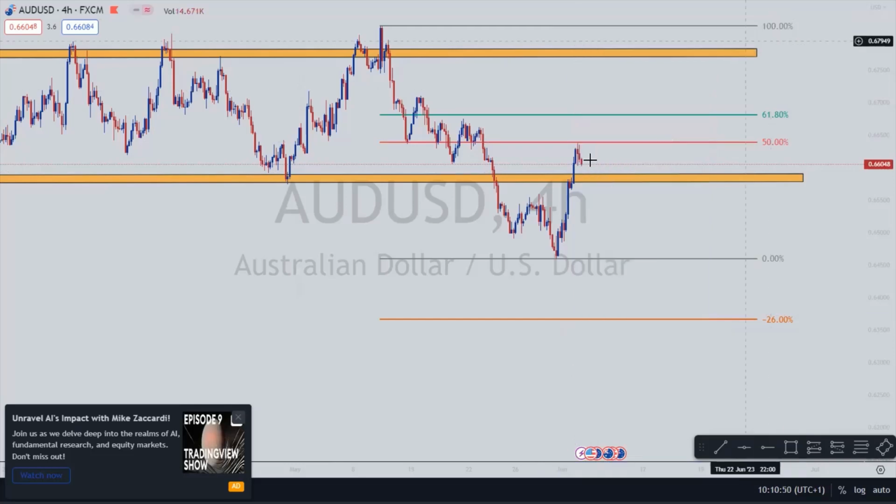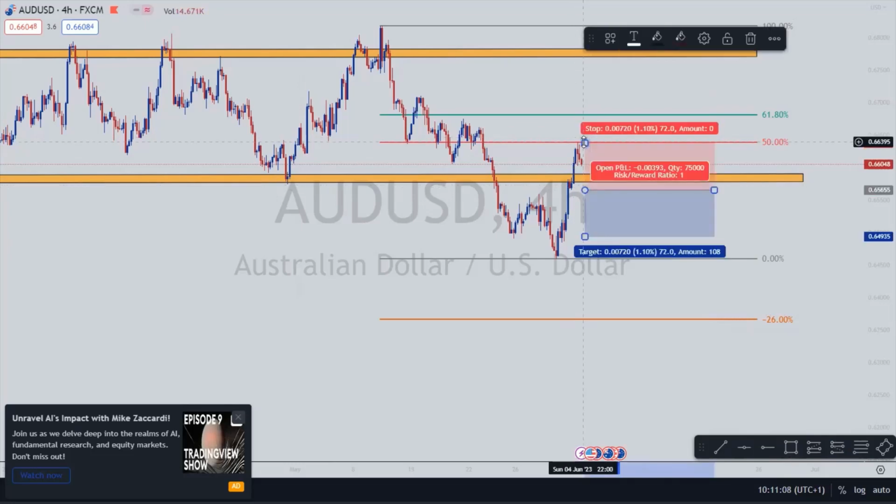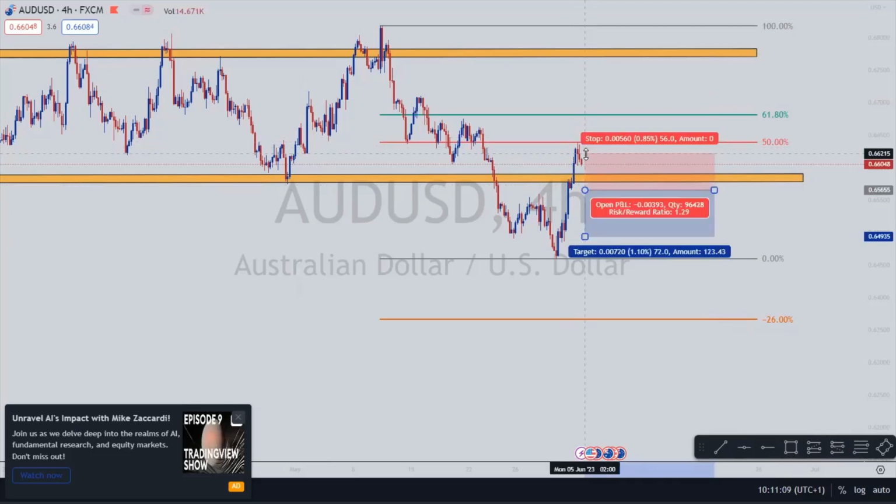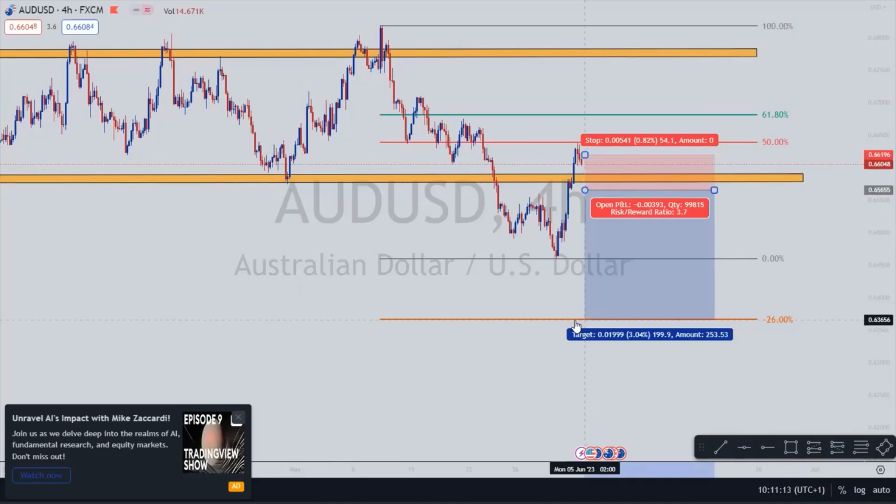You can wait for this trade to come back here out of this range and take the trade out of the range, from here to your stop loss somewhere there, and collect all these pips to the downside.